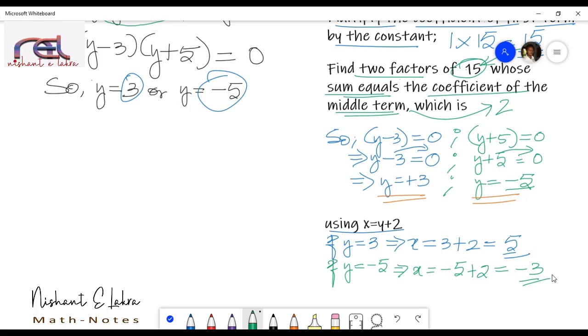The value of x is 5 if y is equal to 3, and the value of x is minus 3 if y is equal to minus 5.